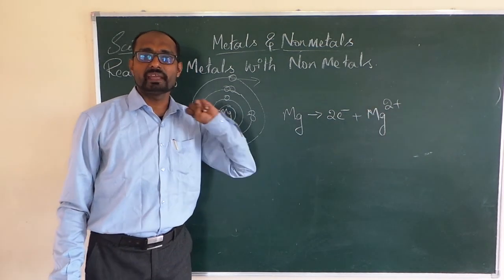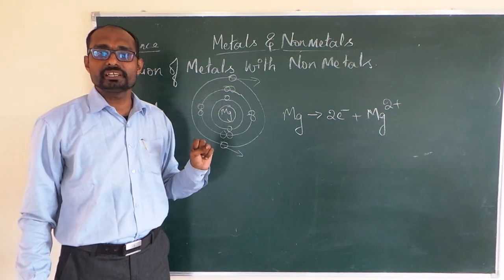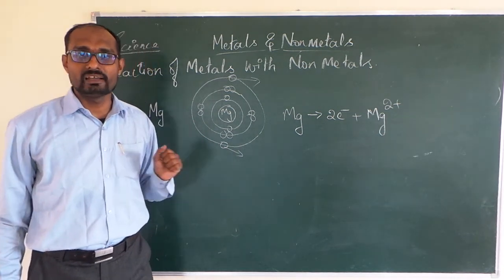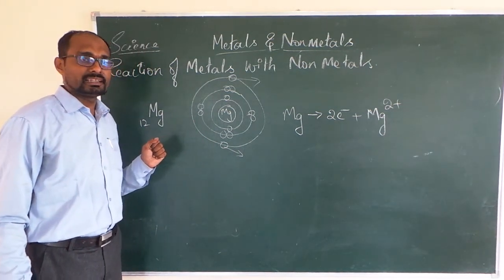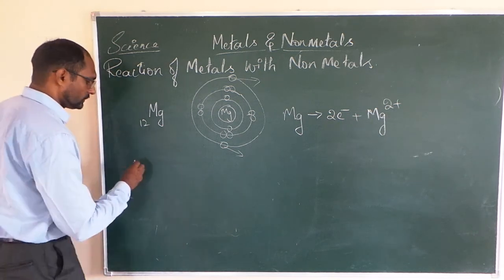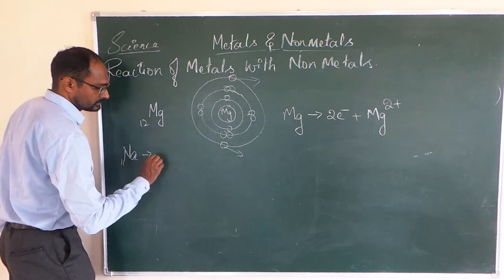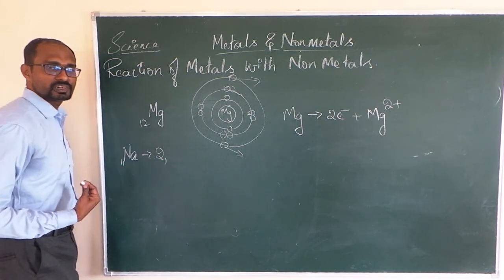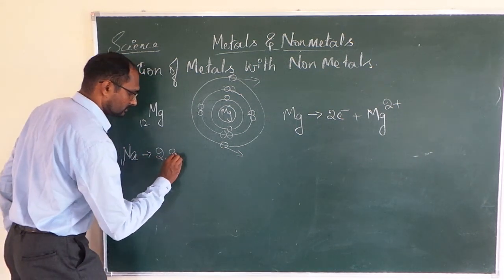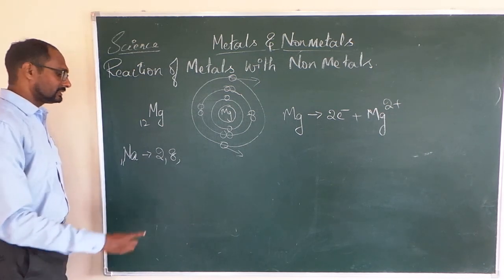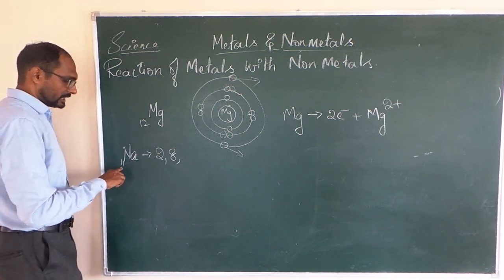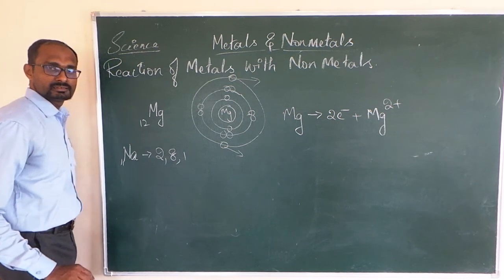In the same way, sodium has atomic number 11. With atomic number 11, we can write the electronic configuration of sodium as 2 in the first shell, 8 in the second shell, so total 10, and 1 more electron in the third shell.